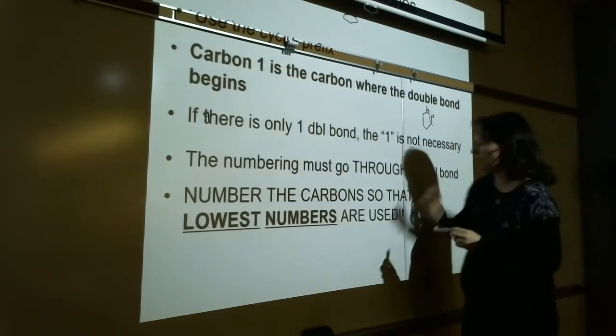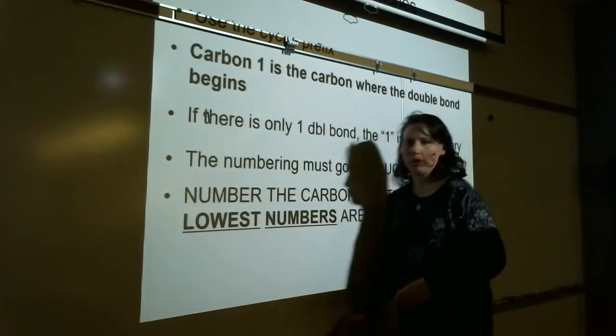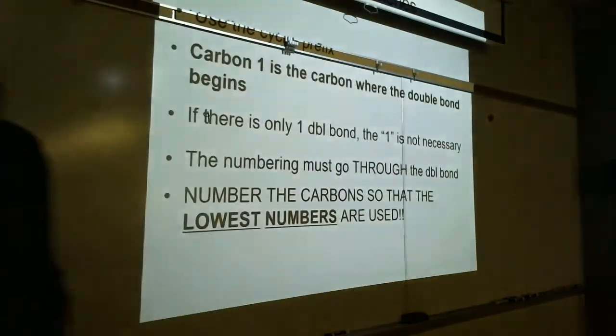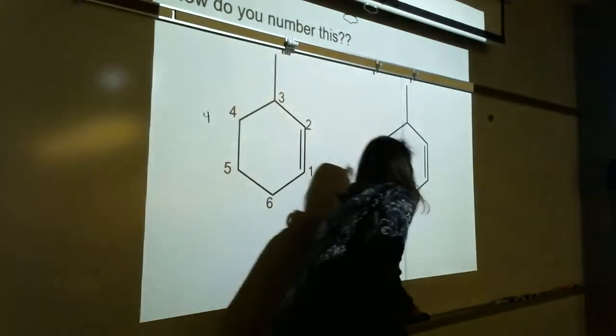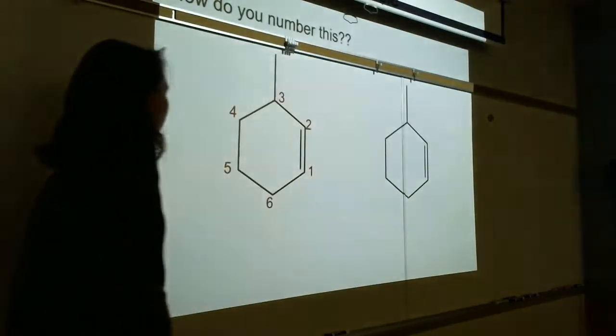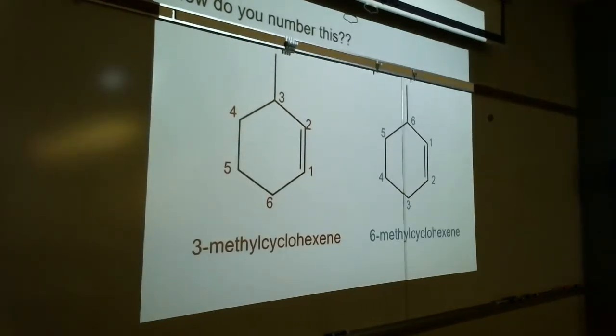And I think in the notes I've got that exact example. So spoiler alert here. Yep, that exact example. All right, so how would you number this? There's one option, and then here's another option. All right, 3-methylcyclohexene versus 6-methylcyclohexene.